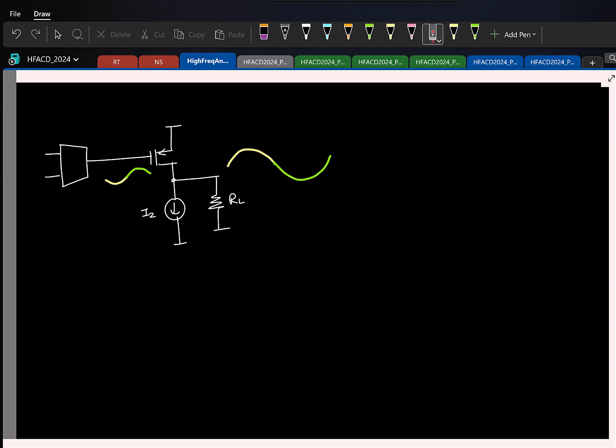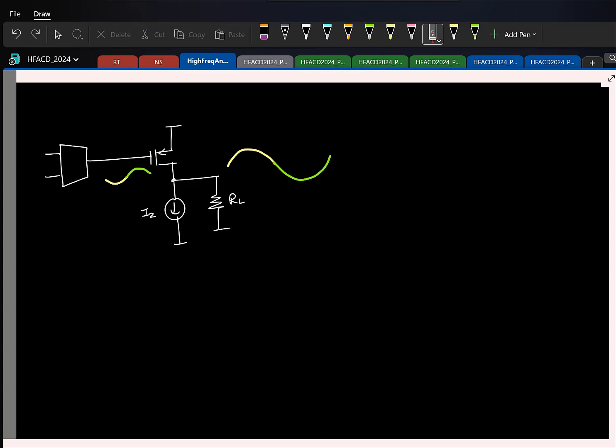Okay. So ideally, let us say I want to have as large a swing as possible at the output. Make sense? And also I want to drive a small load resistor. If that is the case, what can you say about the current that needs to be sunk and sourced out of the resistor? If the output swings are large and the resistor is also small, the current that needs to be pushed and pulled will also be large, right?